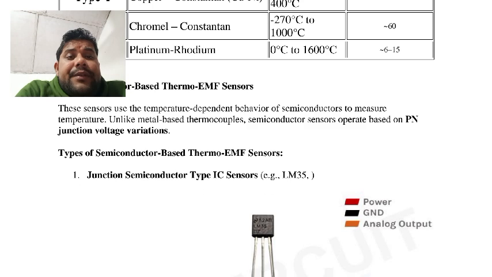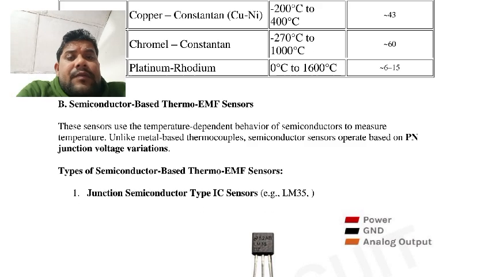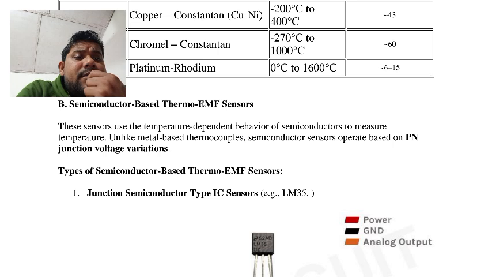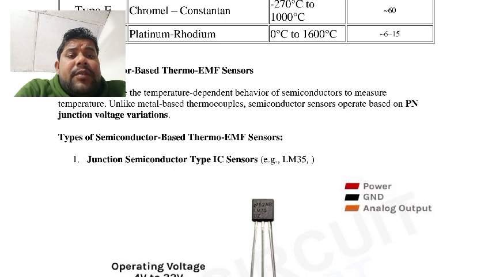This means the sensor uses the temperature dependent behavior of the semiconductor to measure temperature differences, operating based on PN junctions. Types of semiconductor based thermo EMF sensors.